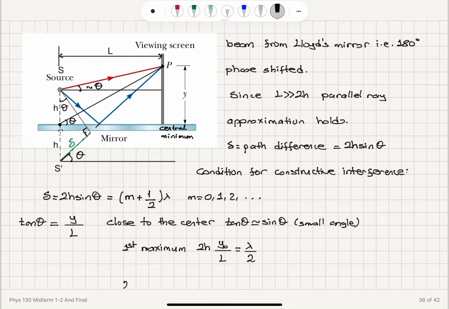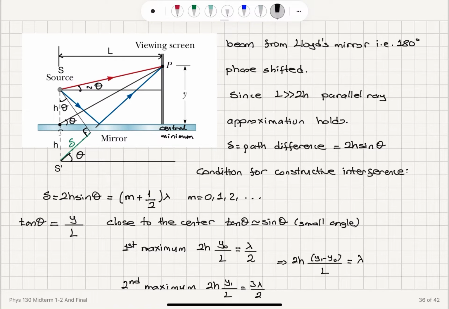Second maximum I will observe at 2h, now m is equal to 1, y1 over L equals 3 lambda over 2. So if you look at the difference, you will see that 2h times y1 minus y0 divided by L is equal to 3 lambda over 2 minus lambda over 2, which is lambda.